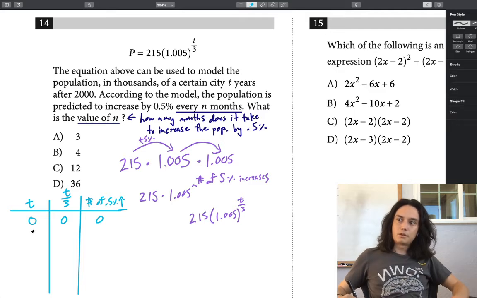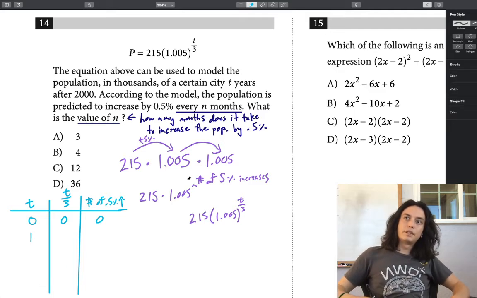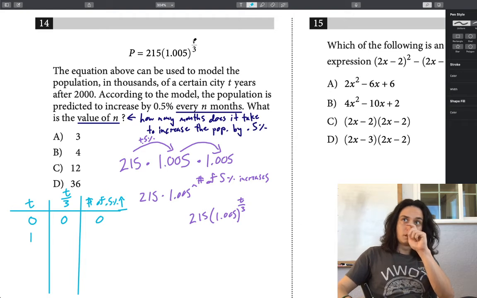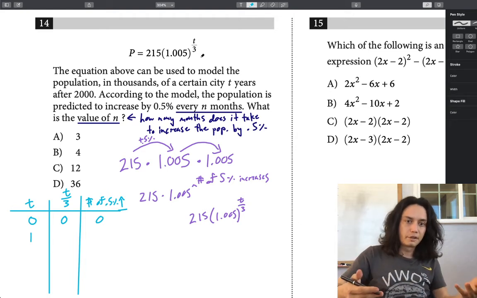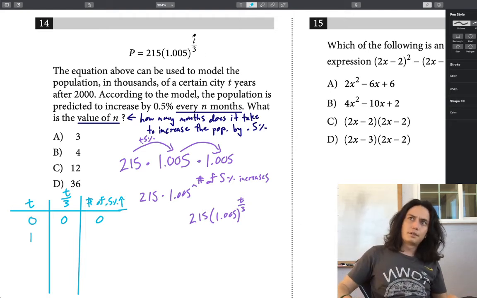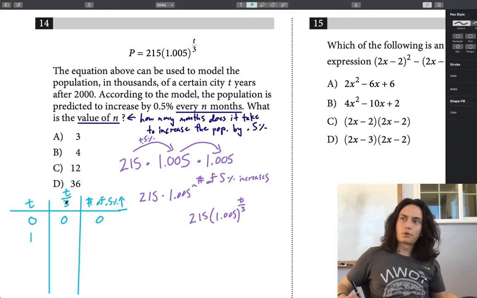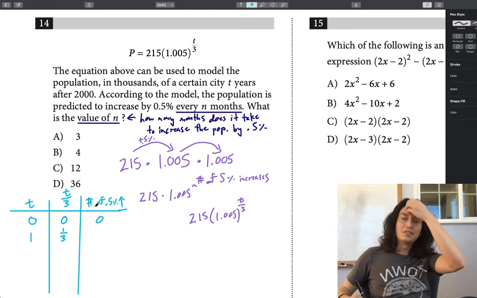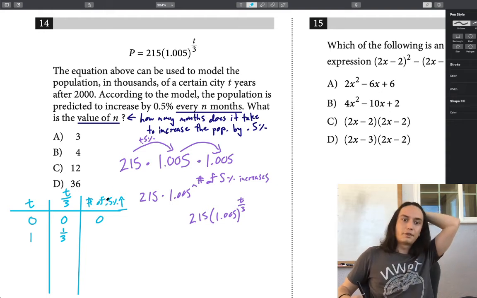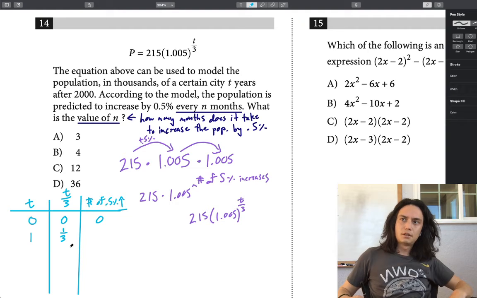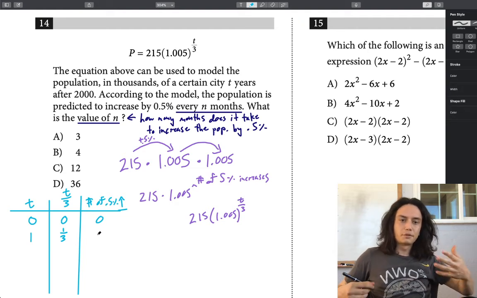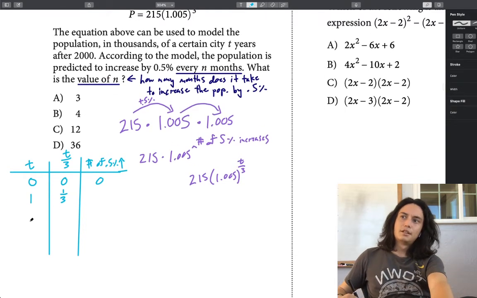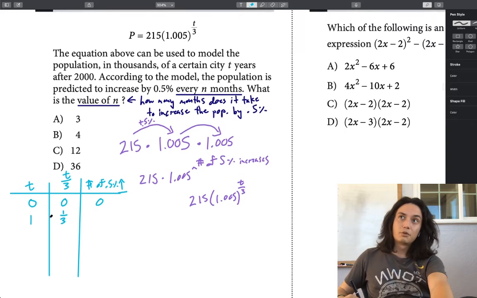Well, when t is 1, remember in our easy version, t would just be 1, and that would mean it's another 0.5% increase. But that's not what happens in our equation, because t over 3 is 1 over 3, and we have not yet gotten to a full 0.5% increase. Really it's a third of a 0.5% increase, or actually a little bit less. I just want to demonstrate that t can be 1, and t over 3 has not reached 1 yet. t can be 2, and that's 2 over 3.